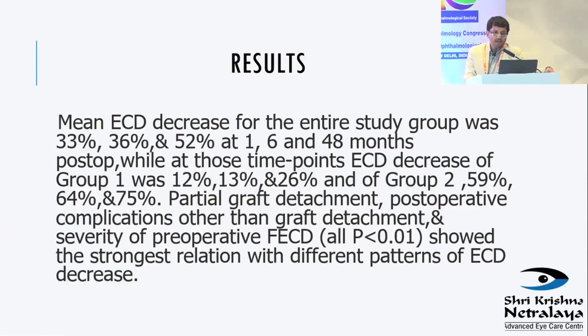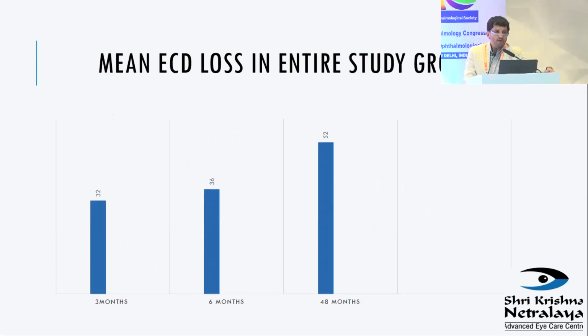The partial graft detachment, the post-operative complications other than the graft detachment and the severity of pre-operative Fuchs endothelial cell density showed the strongest relation with the different patterns of endothelial cell density post-operatively. This is a graphical depiction of the mean endothelial cell loss, which shows at 3 months it was 32%, at 6 months 36% and at 48 months it was around 52% for the entire study group.